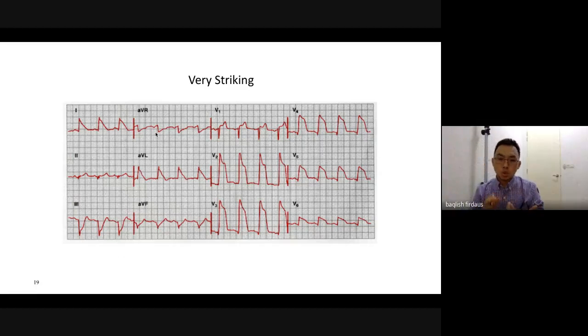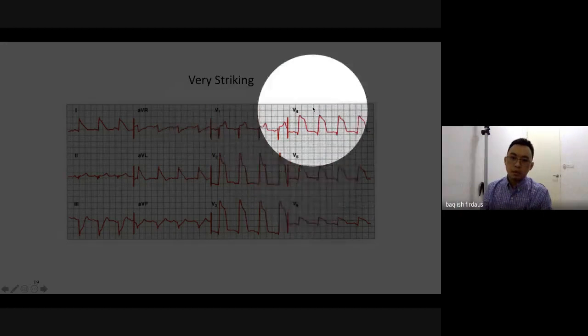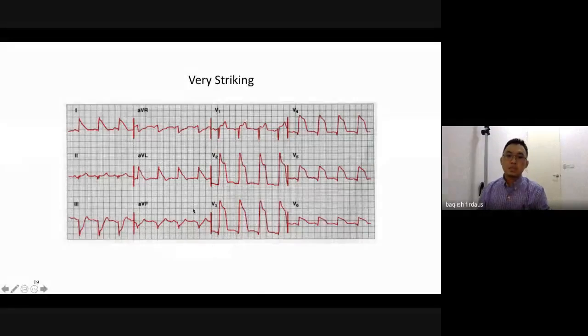You can call this a tombstone, the batu nisan, the tombstone that the Chinese always put in their cemetery. Or we can call it a shark fin, because the shape looks like a shark fin.